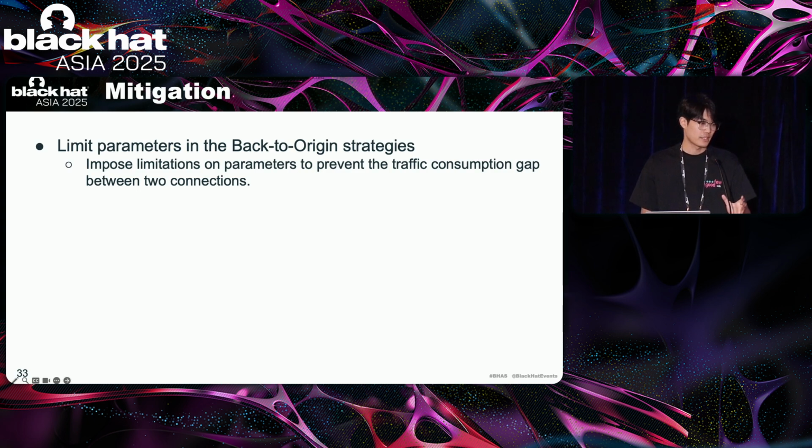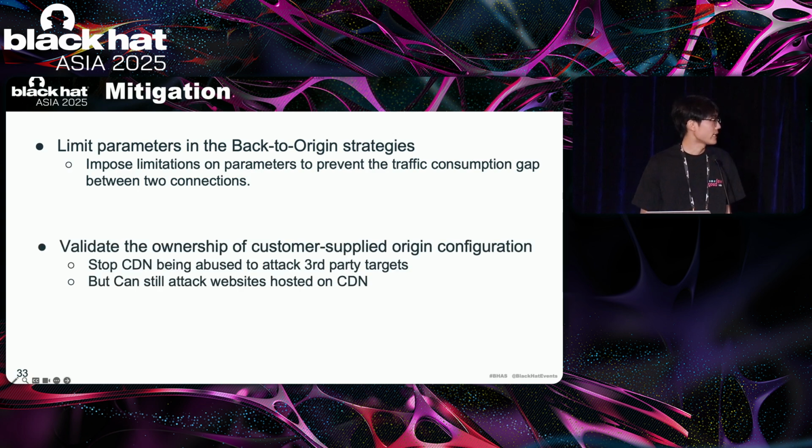This imposes limitations on the parameters to prevent the traffic consumption gap between the 2 connections. The second one is to validate the ownership of the customer-supplied origin configuration. It can stop the CDN from being abused to attack third-party targets, but can still attack the website hosted on the CDN.